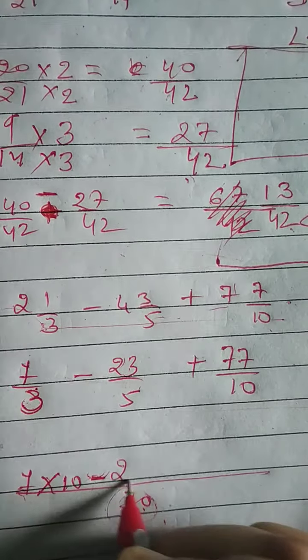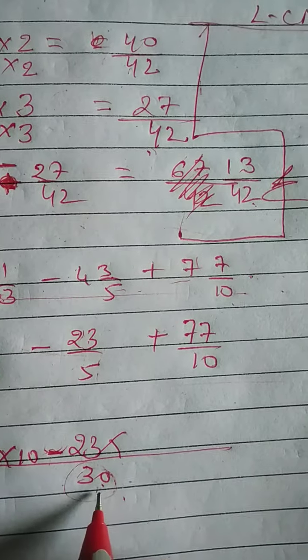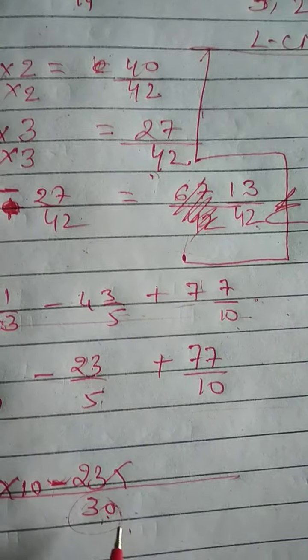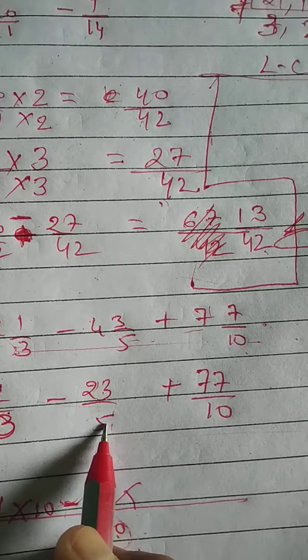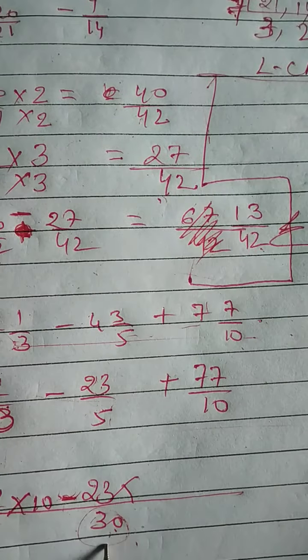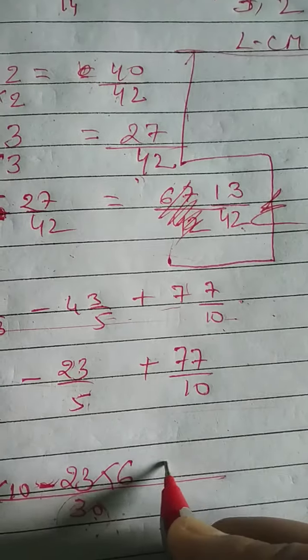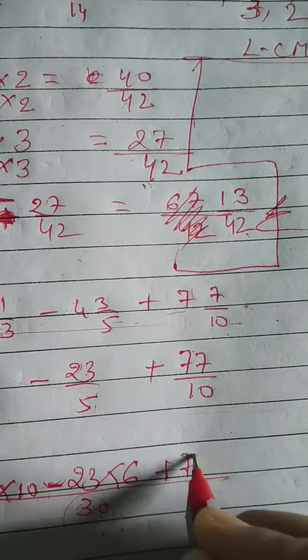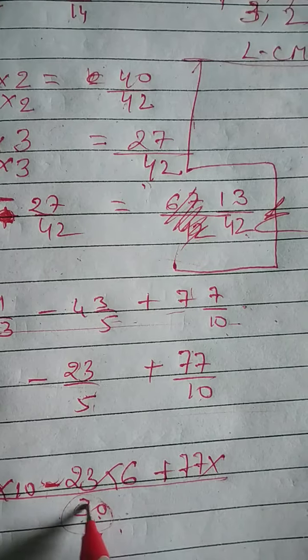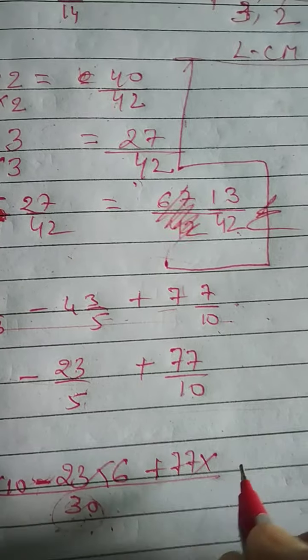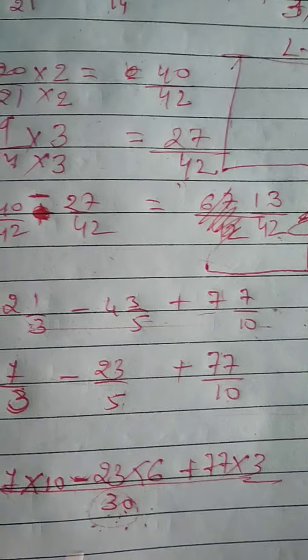Okay, 23 into, 30 divided by 5. This will be the divisor, this will be the dividend. 5 sixes are 30, so we will multiply here with 6. Plus this 77 in its own place, over 10; again divide 30 by 10, we will get 3, 10 threes are 30.